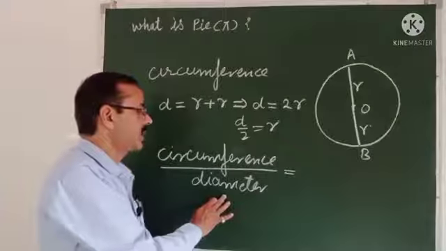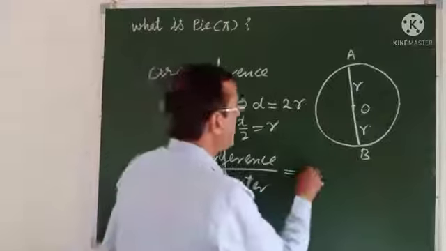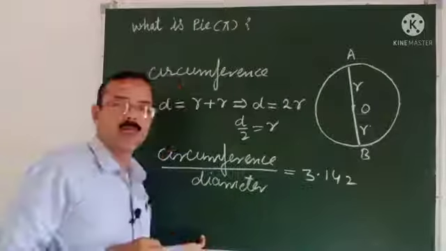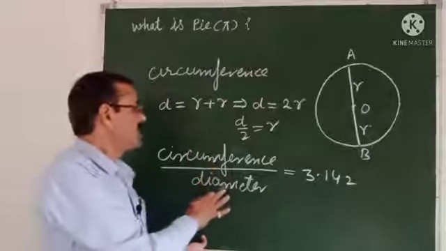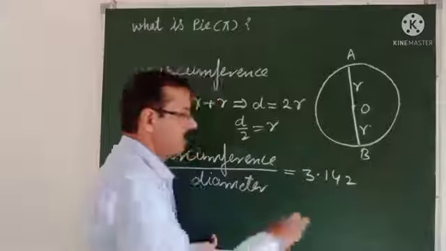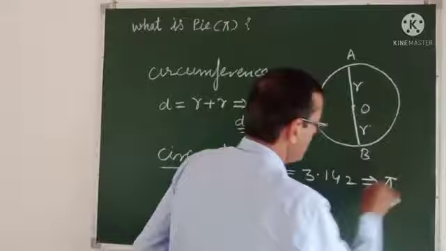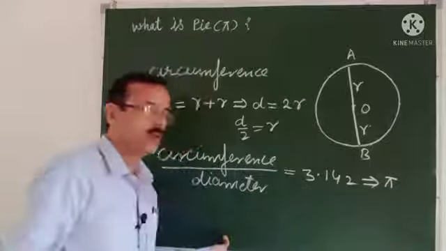Circumference upon diameter will be a constant value. That value will be equal to 3.142 something. That will be for all circles. Circumference upon diameter will be equal to 3.14. This is a special name given by mathematicians, that is equal to pi.